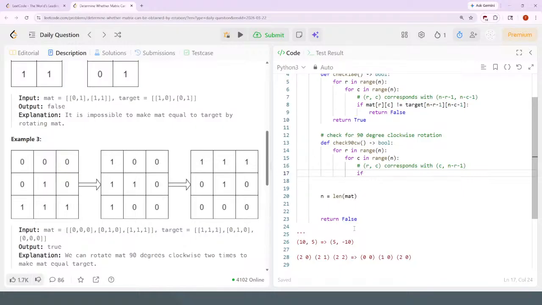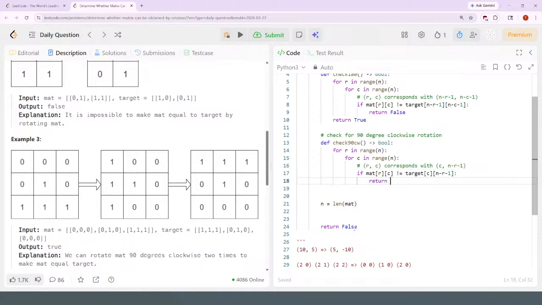So if the matrix RC doesn't equal target at C, n minus r minus 1, okay, hopefully that works.